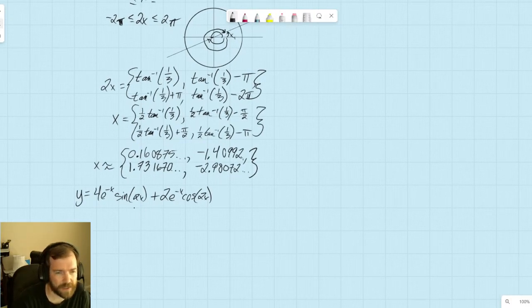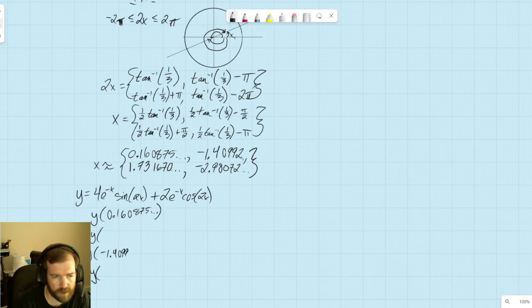Okay, so once you get this, now we're going to plug in the individual values. So y of each of these numbers. This was 0.160875. This was y of negative 1.40992. This was y of negative 2.98072.